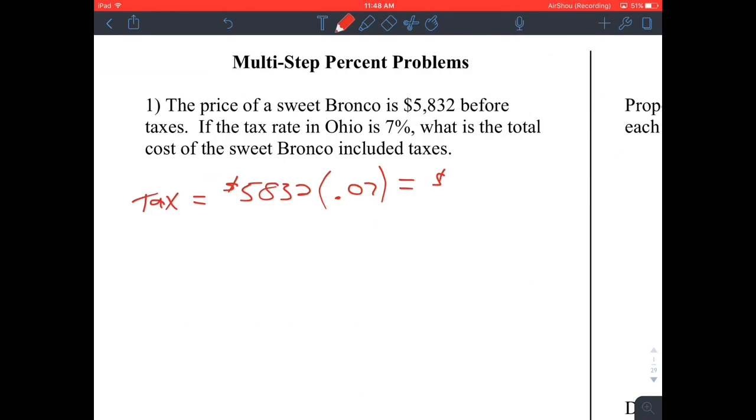That's going to give us $408.24. The question is, what is the total cost? So that would be the price of the vehicle plus the tax.